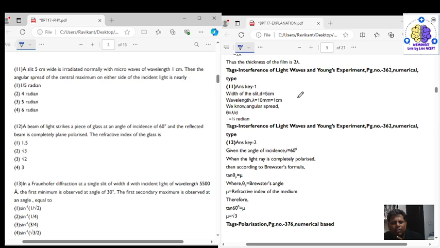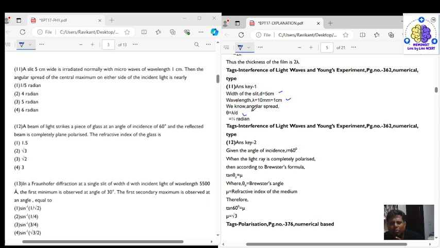In the question they have given us the width of the slit as 5 centimeter, right? The wavelength is given as 1 centimeter, that is 10 millimeters, and we know that the angular spread is given by theta equals lambda upon d.